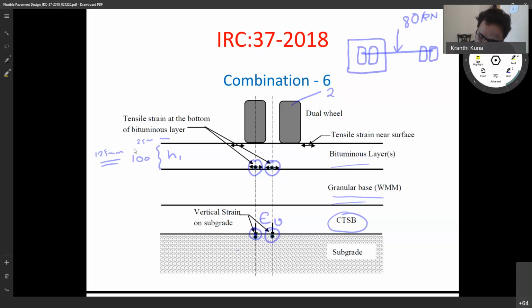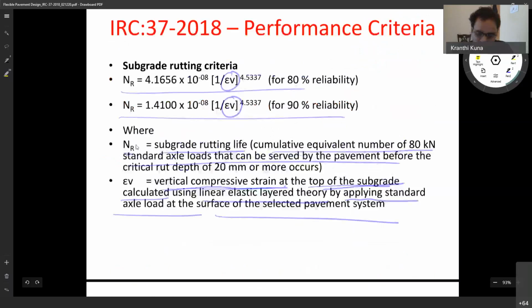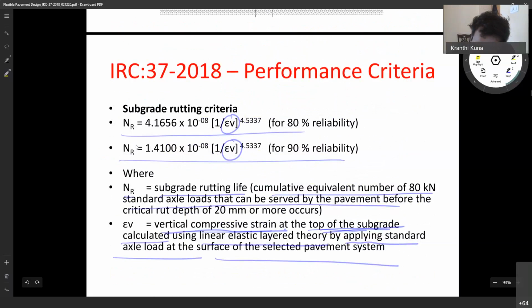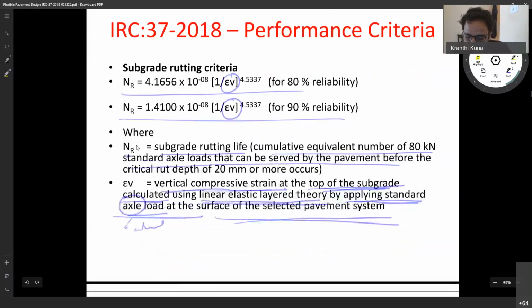So this is 40 kilonewton together, and each wheel is 20 kilonewton. So we only model this part. When a standard wheel is placed on the surface of the pavement, the top of the subgrade strain is calculated using linear elastic theory by applying a standard axle load, or we should call it wheel load as well, at the surface of the selected pavement.